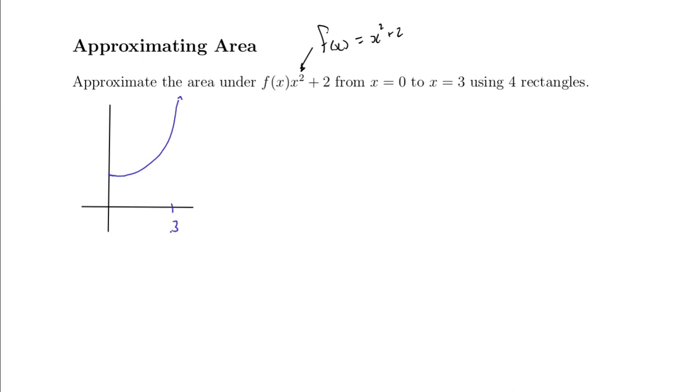Let's say this is 3 right here, and this is 0, and we want to find this area. What I'm going to do is divide this into 4 regions. The whole width now is divided up into 4 regions, and each of these regions is going to become a rectangle. So we're going to kind of draw like a bar graph.